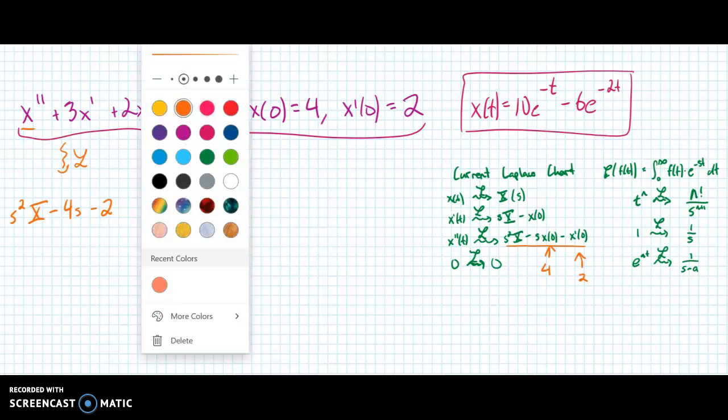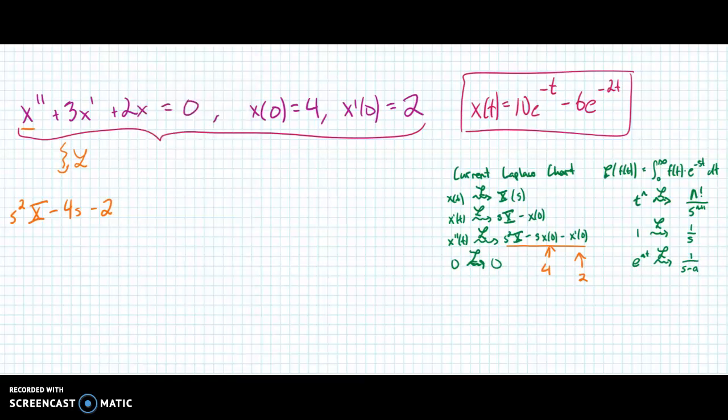And I'll change colors for the next piece. We'll go to blue. So now I'm going to get this, and that is this guy right here. Notice x of 0 is 4 again.